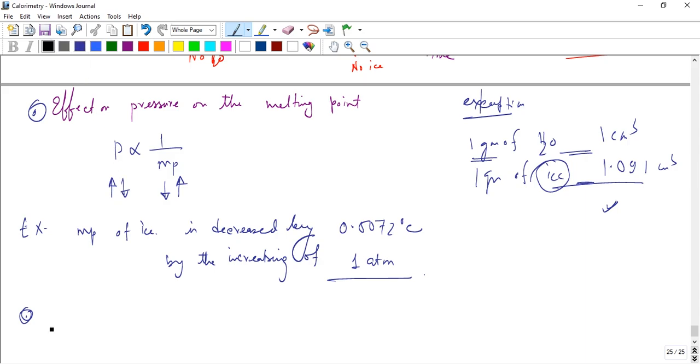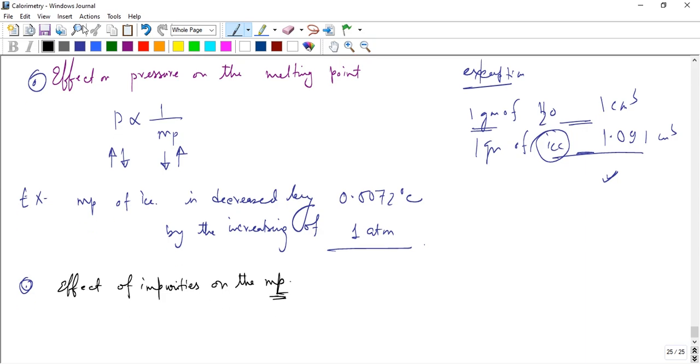The effect of impurities on the melting point (MP stands for melting point): if some impurity is added, then the melting point decreases.